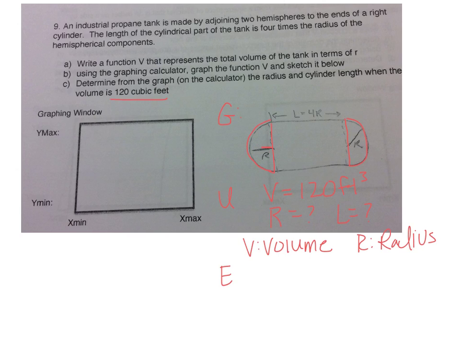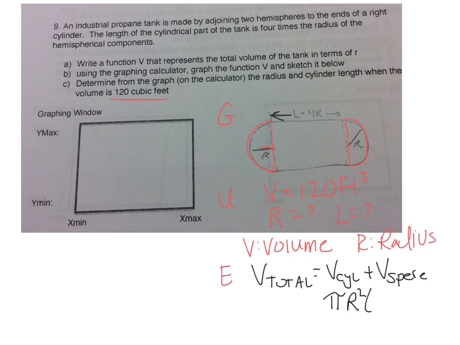The equation is that the total volume of this tank is going to equal the volume of the cylinder plus the volume of the sphere, because the two half spheres make a whole. So volume of a cylinder is pi r squared h. So pi r squared, and in this case the h is this length that's on our diagram, 4r.